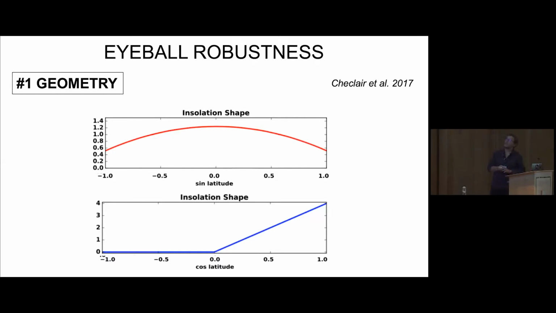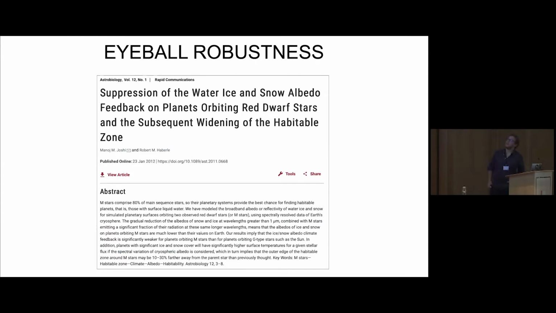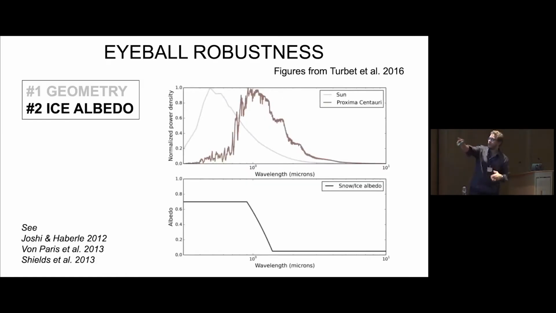The second argument has been advanced by Manoj Joshi, who is also in the room, and Rob Haberle in 2012, where they have shown that due to the spectral response of ice and snow depositing on the surface, the spectral albedo of water ice and snow that I showed you in this plot has a strong dependence.